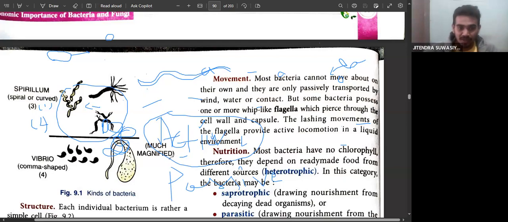They are transported from one location to another by means of other agents like wind, water or contact. So if there is expenditure of energy, we can say that is active transport. And if the organism is not using any energy, we can say that is the passive mode of transportation.